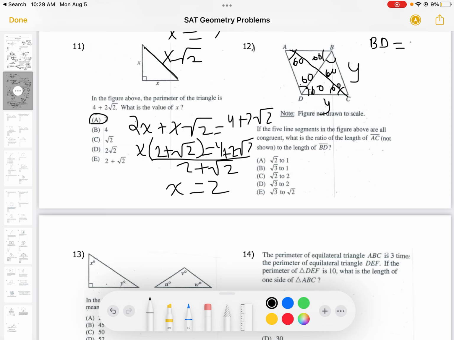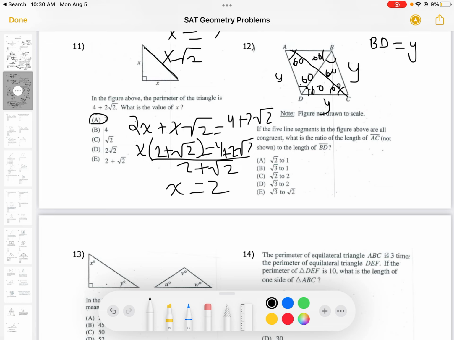And now we want the ratio of AC over BD. Well, we know BD is y. So we just need to find what AC is in terms of y. Now, how can we do that? Well, let's think about this. We could use the law of cosines.